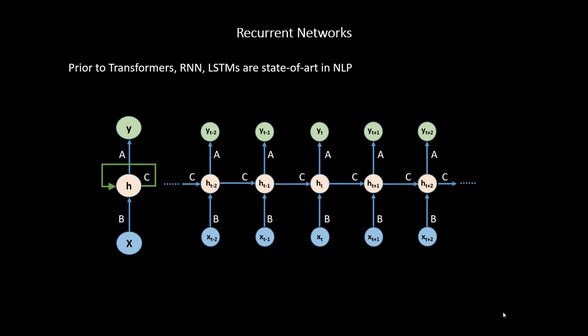Before transformers, RNNs in encoder-decoder architecture were used for neural sequence transduction. Prior to transformers, RNNs and LSTMs were the state of the art in NLP. The feedback loop thus propagates information from one step to another.